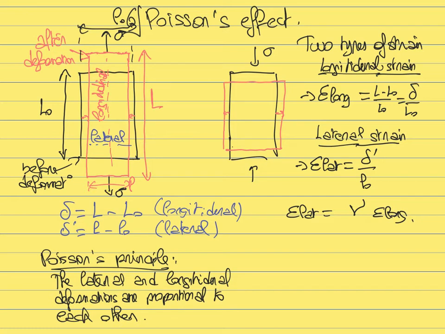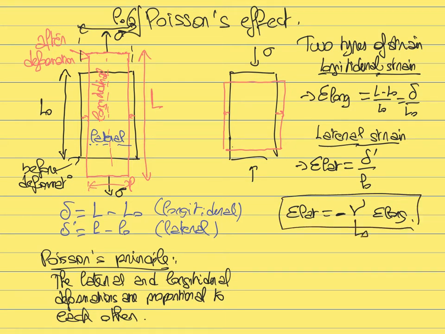When you have a negative longitudinal strain, then you will have a positive lateral strain, which means that the sign of the lateral strain is always, for 99% of the materials, opposite to the sign of the longitudinal strain. So we're going to add a minus sign here so that the proportionality constant nu is positive. So this is, in this case, Poisson's principle.